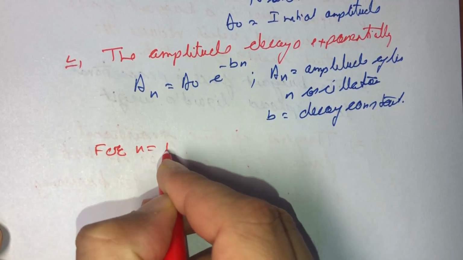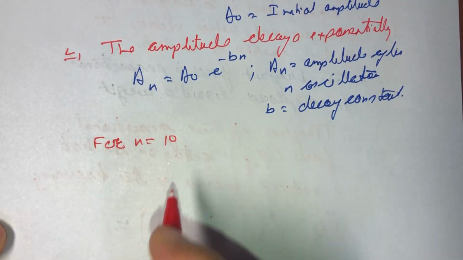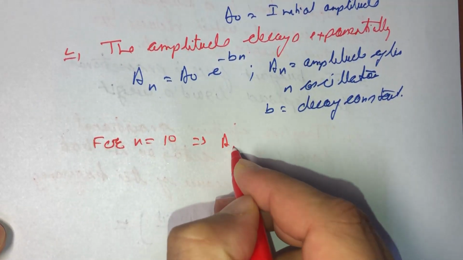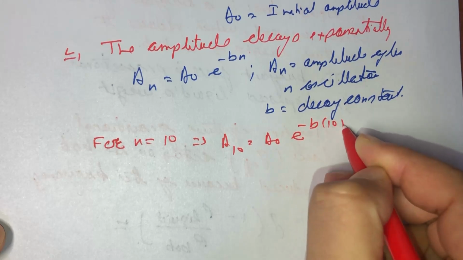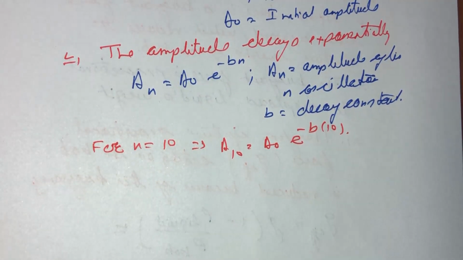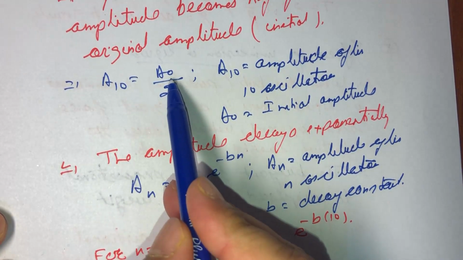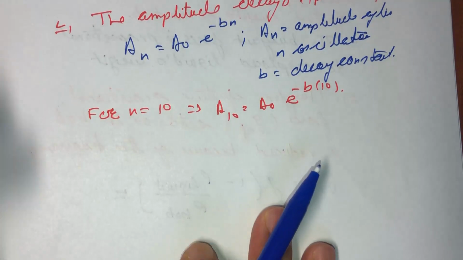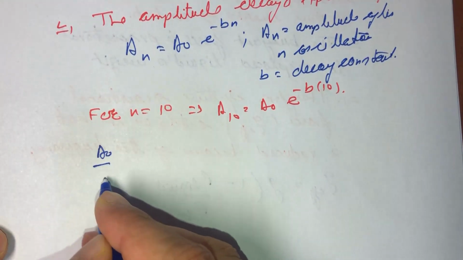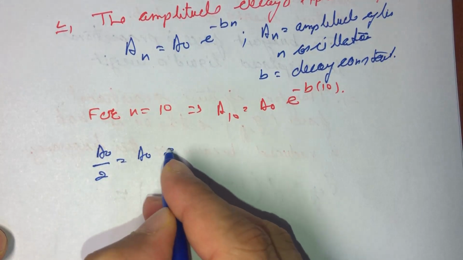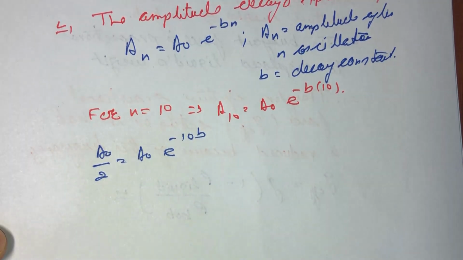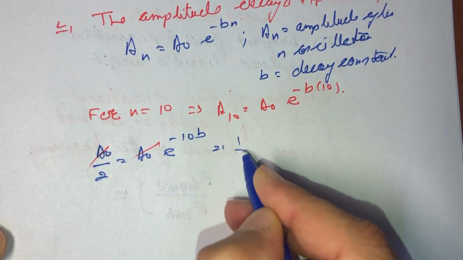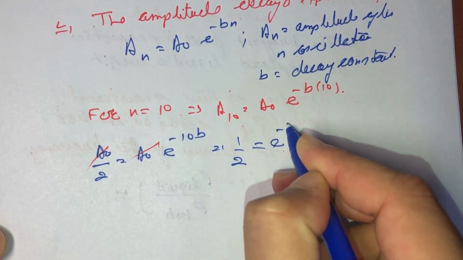For n is equal to 10, we get A of 10 is equal to A of naught e raised to power minus b multiplied by 10. And we already know that A of 10 is equal to A naught divided by 2. So therefore we get A naught divided by 2 is equal to A naught e raised to power minus 10b. A naught cancels out.